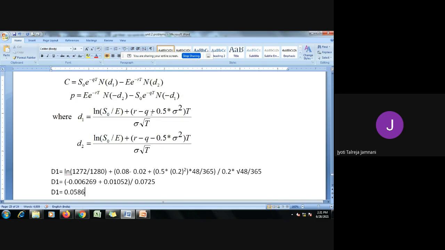One error was the plus sign, where I had taken minus. The mistake is in the middle term, that is 0.08 minus 0.02. R minus Q plus this term, you're saying. Yes, ma'am, even I think so. Ma'am, that middle term value I'm getting 0.0626.